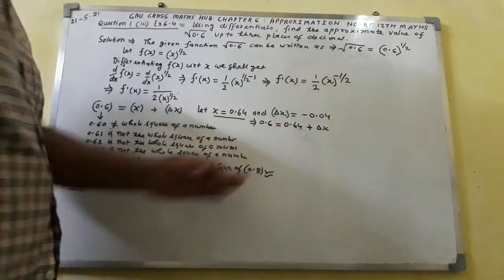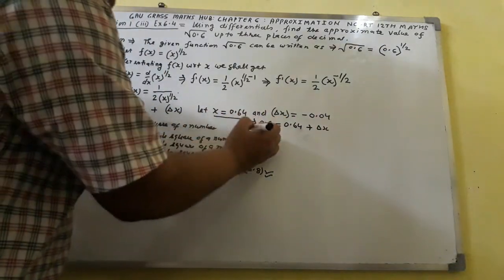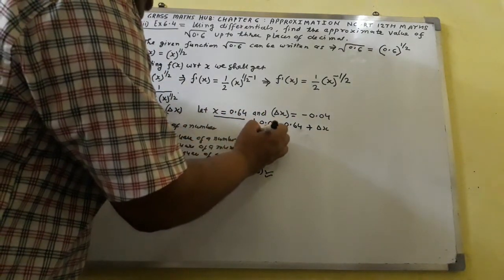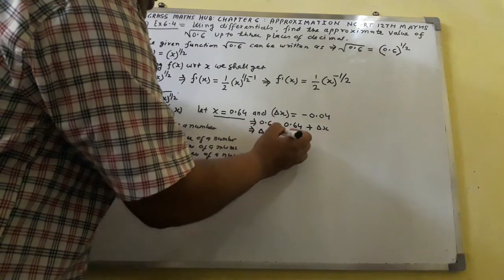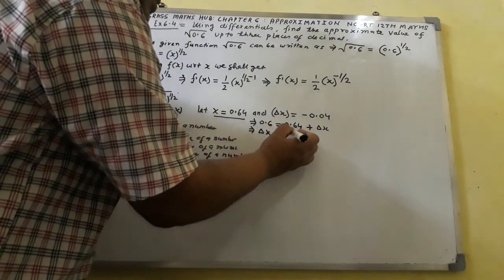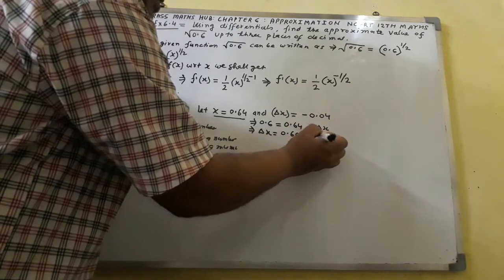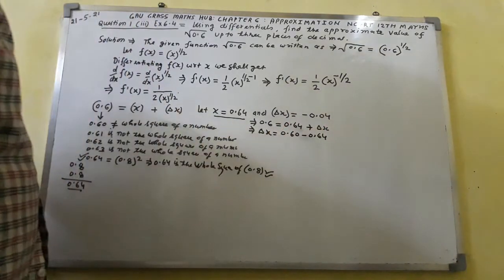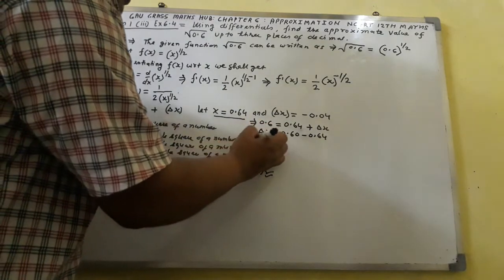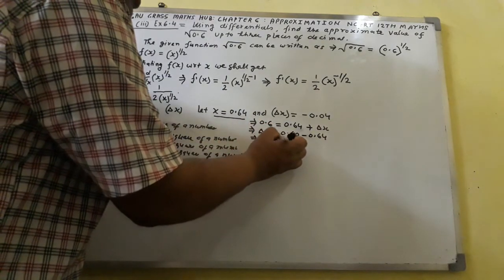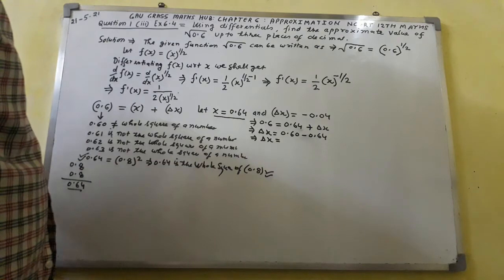So what the value of delta x will be? So here we will get delta x is equal to 0.60 minus 0.64. This one you will get. Now do the operation.